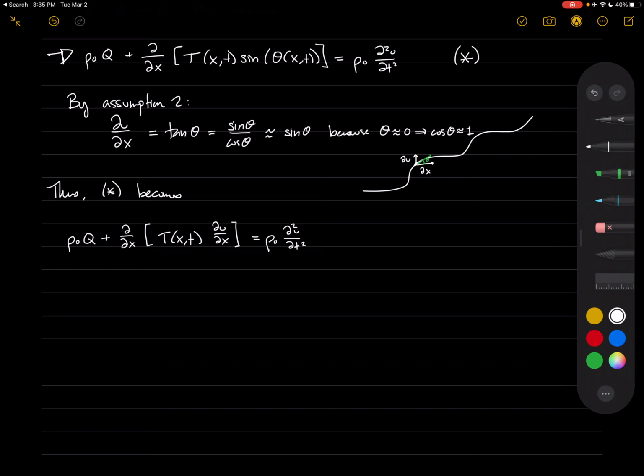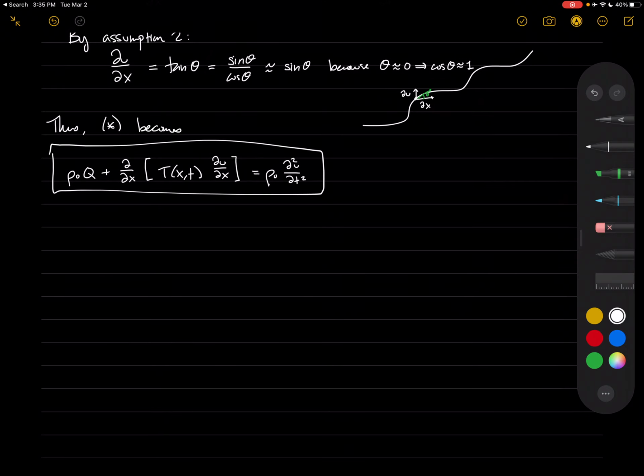Okay, so we're basically done. I think I said heat equation a second ago. I meant wave equation. This is the wave equation that we wanted to derive. But now we're going to just see that it looks a bit nicer if we make some extra assumptions.